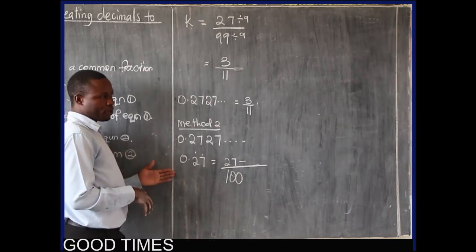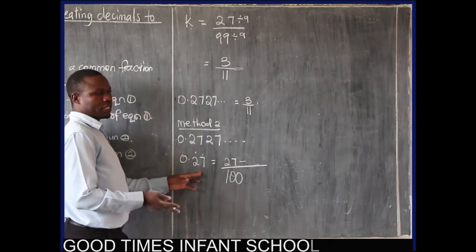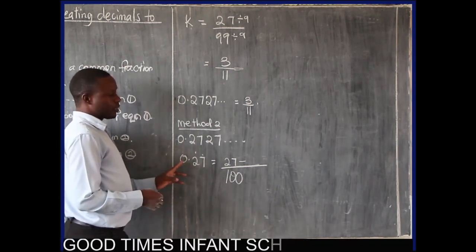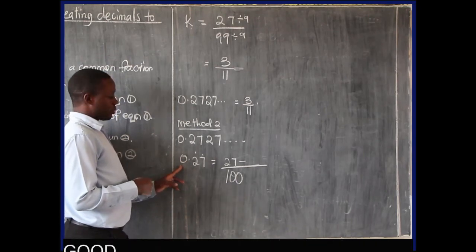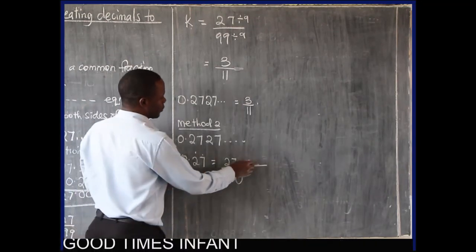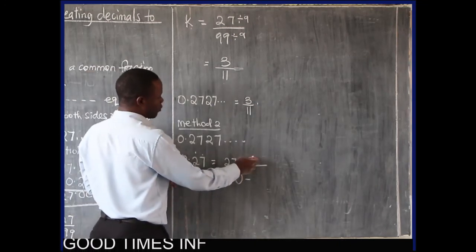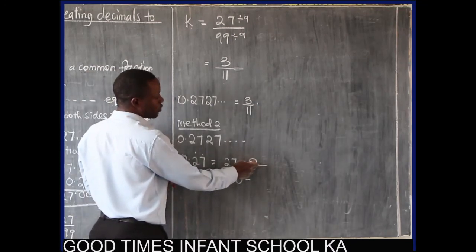Which digit is not repeating here? Is it 7? 7 is repeating. Is it 2? 2 is repeating. Is it 0? 0 is not repeating. Therefore, minus 0.